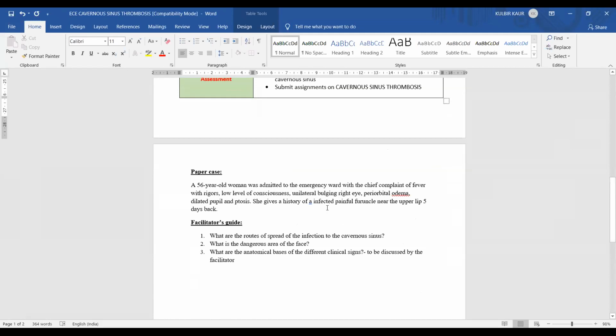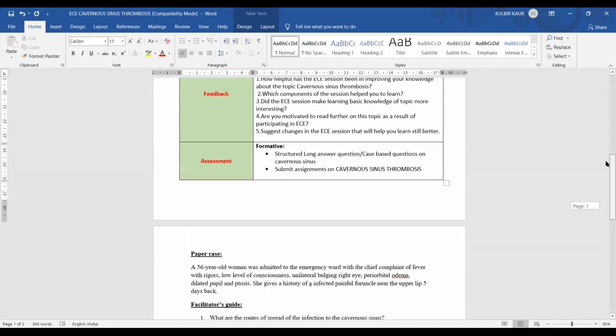She gives a history of an infected painful furuncle near the upper lip, 5 days back. In this case, the facilitator's guide will be provided to the students, covering what are the routes of spread of infection to the cavernous sinus, what is the dangerous area of the face, and what is the anatomical basis of the different clinical signs. All this will be discussed by the facilitator.